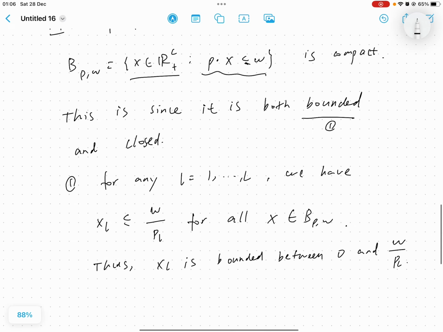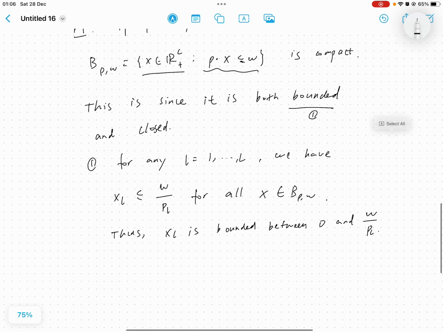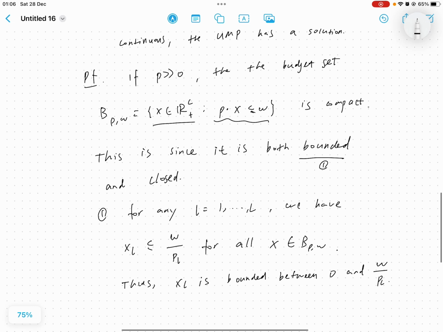All right. Good. So that'll be the first requirement for the bounded. Okay.